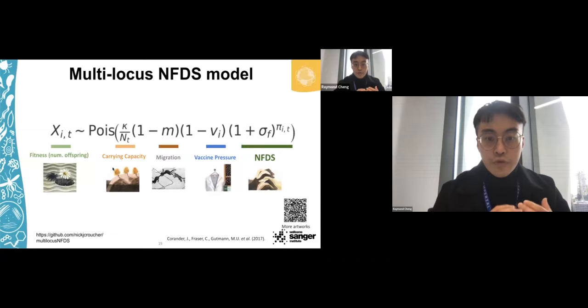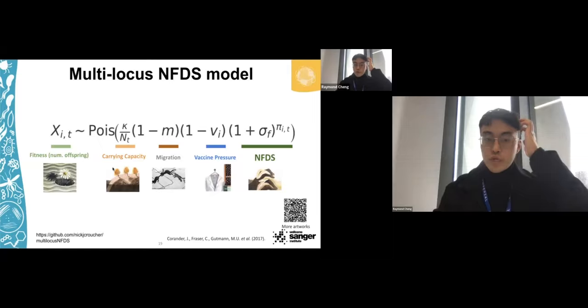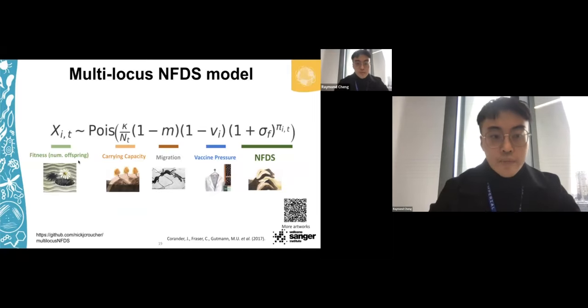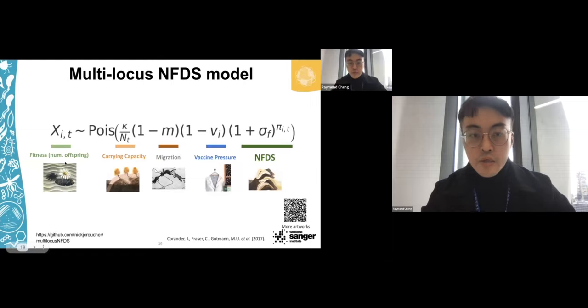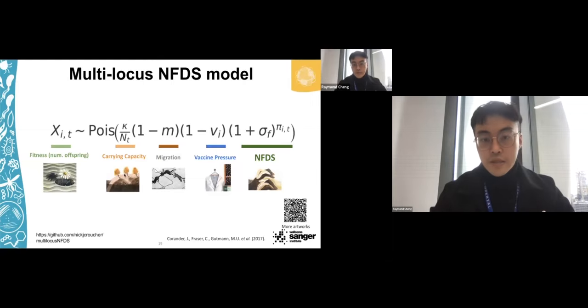If we put all these four components in the formula, the observed number of offspring will be affected by carrying capacity, migration, vaccine pressure, and the strength of NFDS.